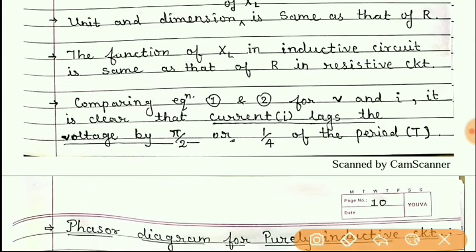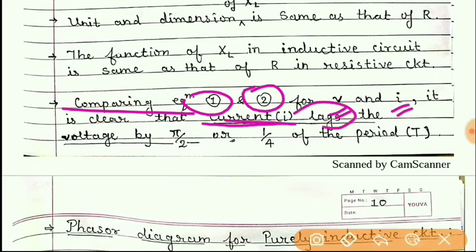Now if we compare equations 1 and 2 for voltage and current, then it is clear that current I lags behind the voltage by phase pi by 2.